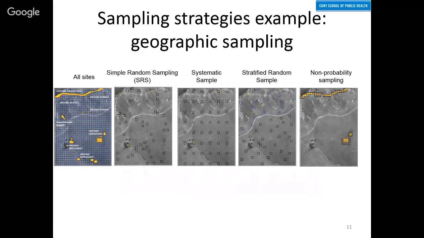So what would you call the go viral study? Yeah, it's non-probability sampling. But in general, probability samplings and studies like this are very expensive to do.